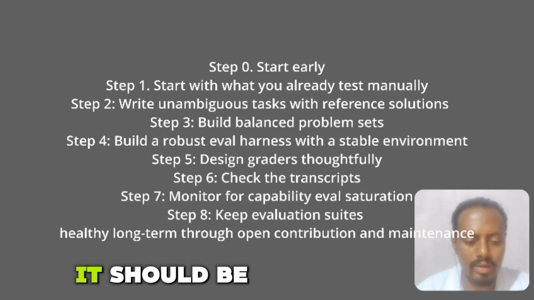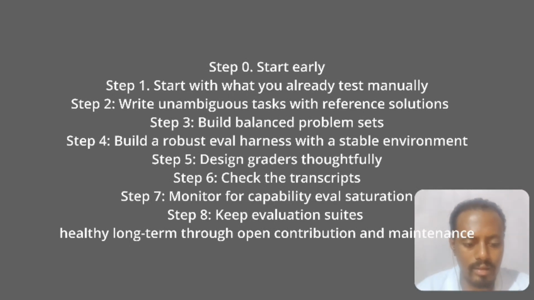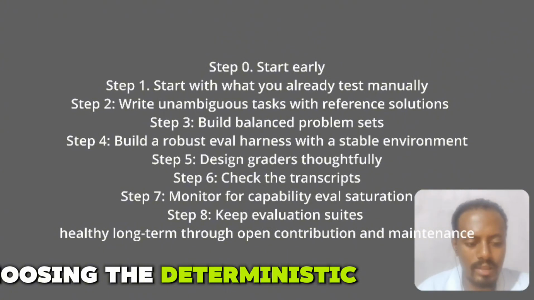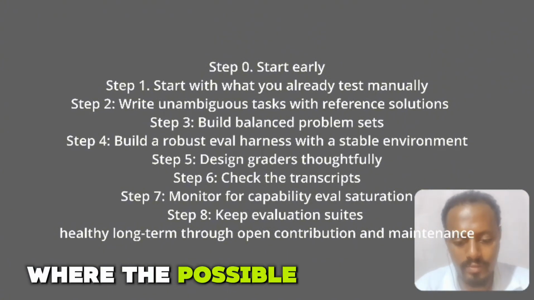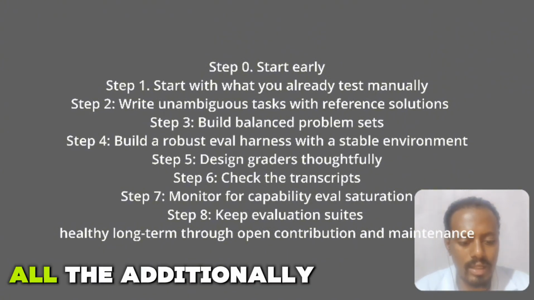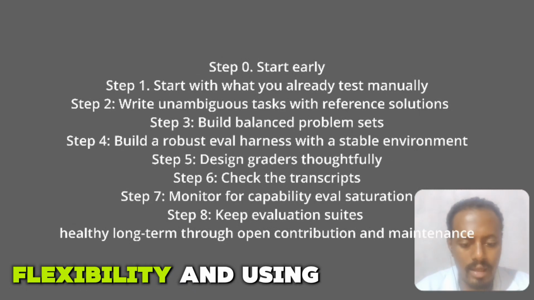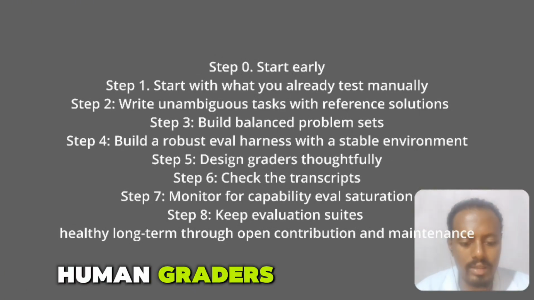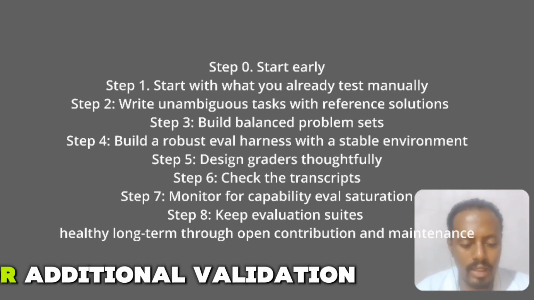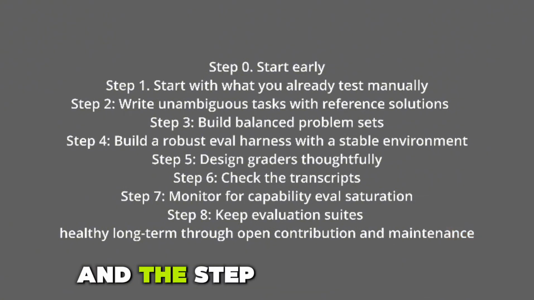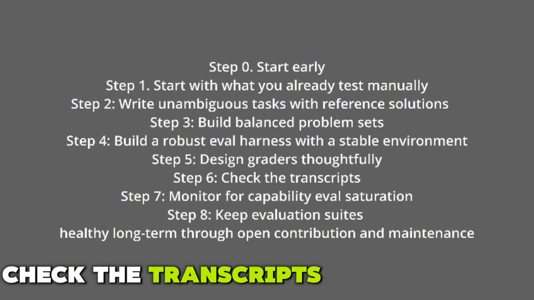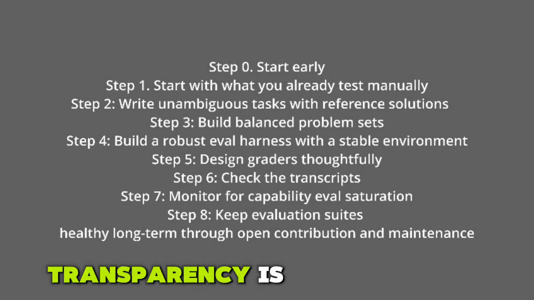It is recommended to choose deterministic graders where possible, LLM graders where necessary or for additional flexibility, and human graders for additional validation. And step 6 is to check the transcripts, as we have seen what a transcript is.